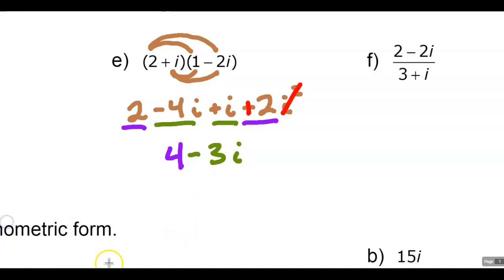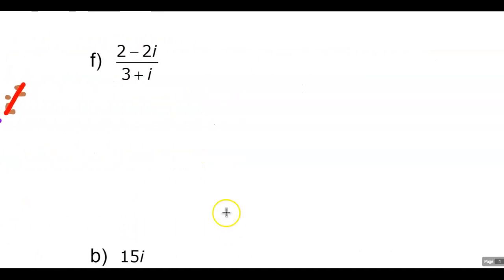All right, and lastly, we have a division problem, so we have to do a little conjugating. That means you take the bottom term and multiply by the conjugate, which is just the opposite sign. So we have 3 minus i, and of course, let's do the top and bottom.